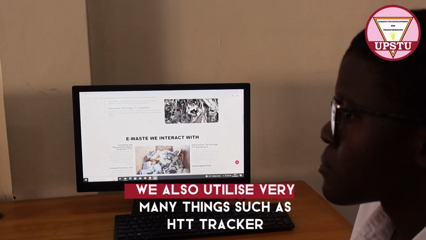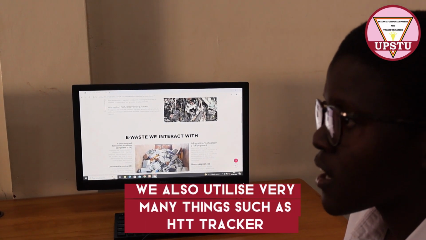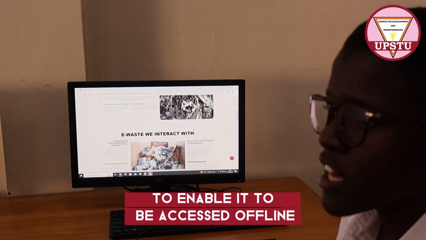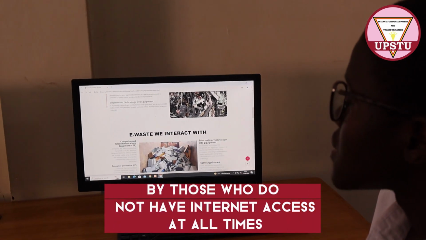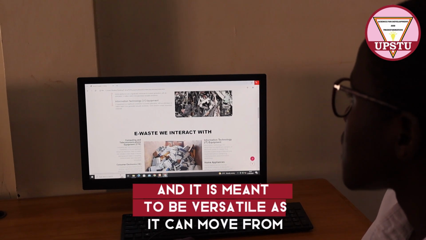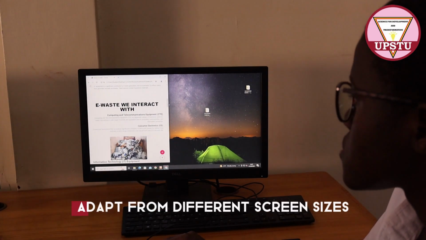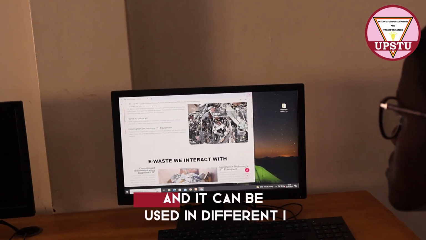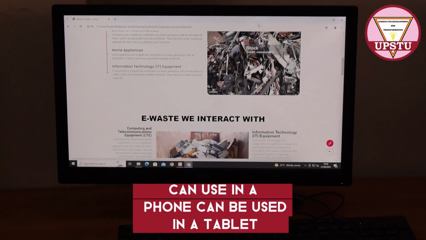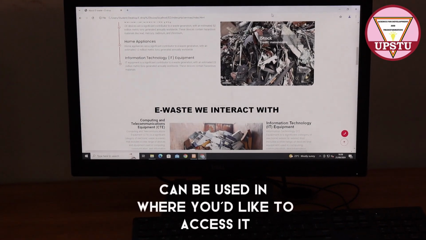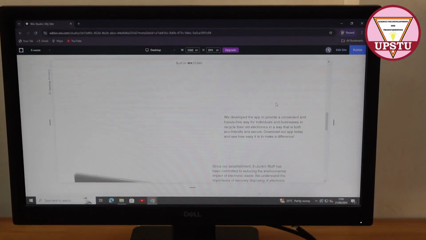We also utilized things such as HT Tracker to enable it to be accessed offline by those who do not have internet access at all times. And it is meant to be versatile as it can adapt to different screen sizes. It can be used on a phone, a tablet, a computer, anywhere you'd like to access it.